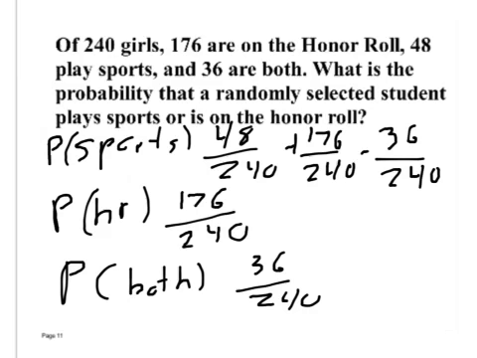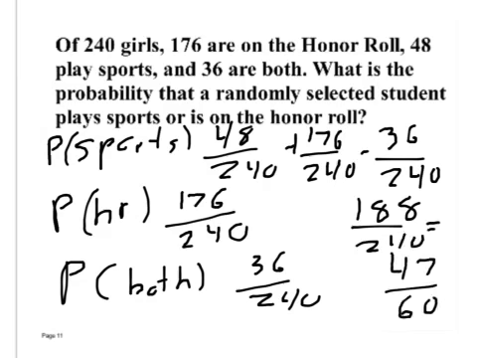So 48 plus 176, minus 36, you get 188 over 240, which reduces to 47 over 60. Or you can just take 188 divided by 240, and you find that it is a 78% chance of occurring.